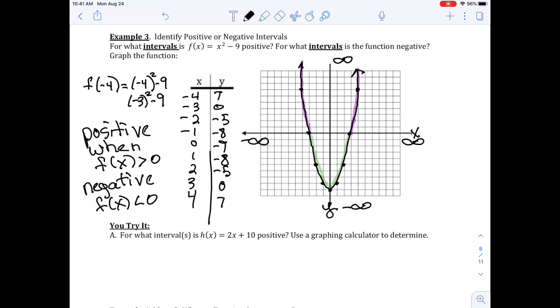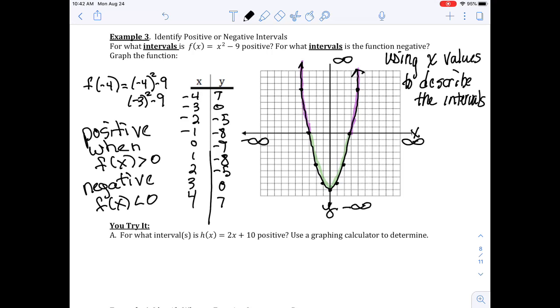When you are describing the intervals over which the function is positive or negative, you are using x values to describe the intervals. So even though the function is positive, when y is greater than 0, so all those purple y values are greater than 0, we are describing that area using the x values.